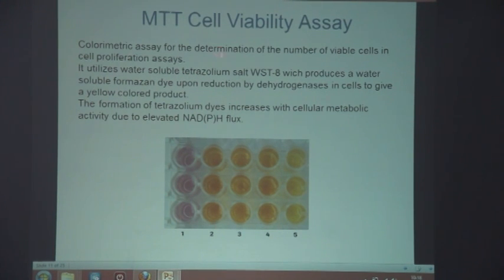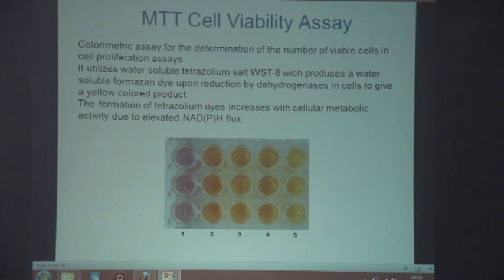We performed a cell viability assay, a colorimetric assay for the determination of the number of viable cells, and it utilizes a tetrazolium salt that produces a formazan yellow dye upon reduction by dehydrogenases in the cells.